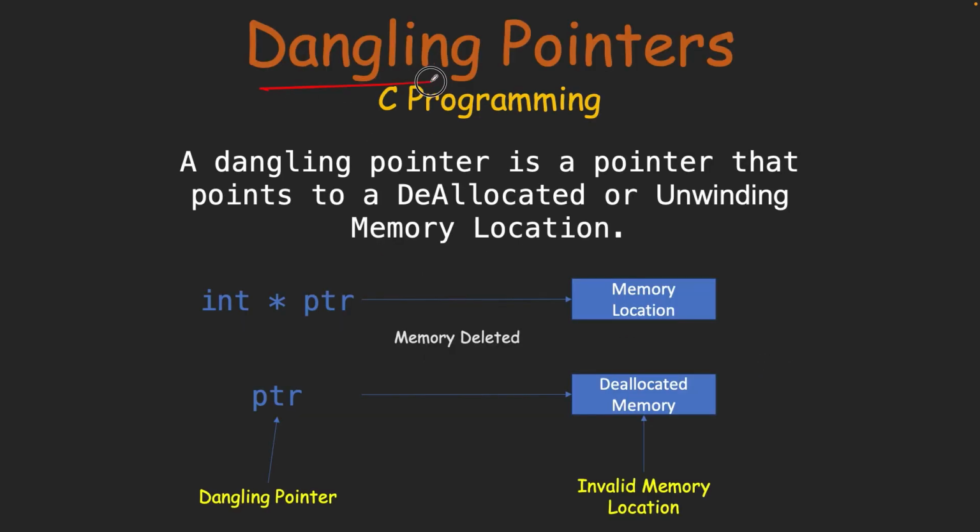So these were the three different scenarios where we can encounter dangling pointers in C programming. It is important to handle dangling pointers properly in our code, otherwise our code can produce unexpected results or crash during production.